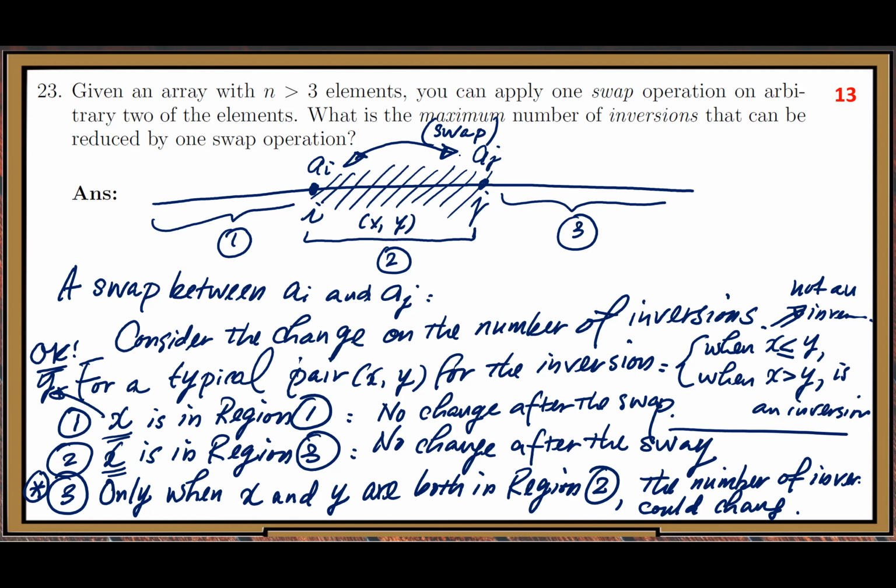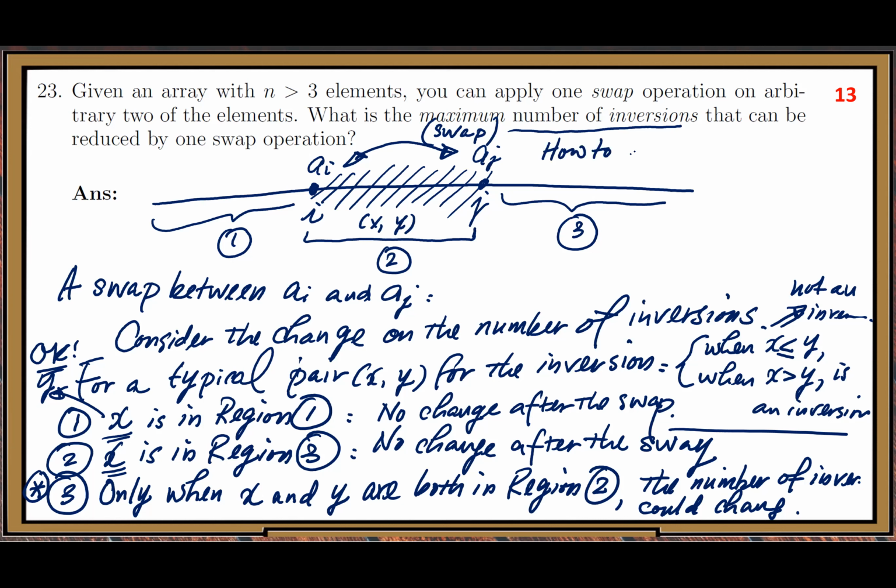Look at these 3 observations. After you make these 3 observations, now you are very close to getting an answer. Now move to this maximum number of inversions.